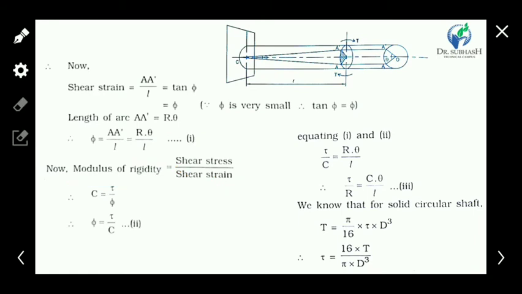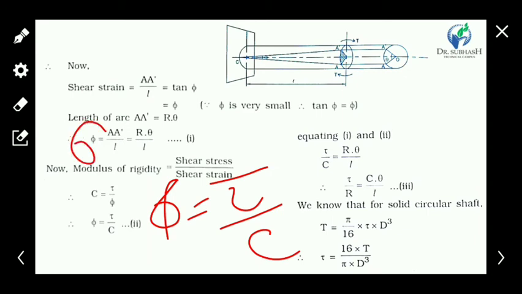The shear stress is tau, and the shear strain is phi. The modulus of rigidity is denoted by capital C, or capital G. In some books it is denoted by G, and in some books by C. Here we define it by C. So modulus of rigidity is shear stress upon shear strain, and from this equation we get the value of phi as tau upon modulus of rigidity.